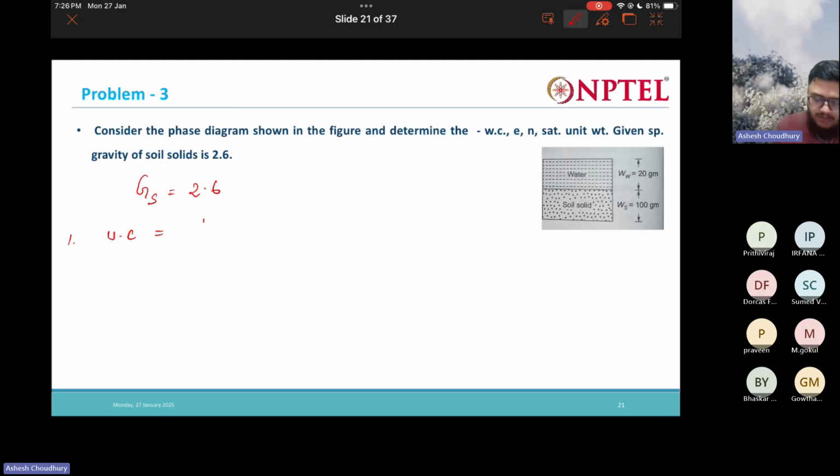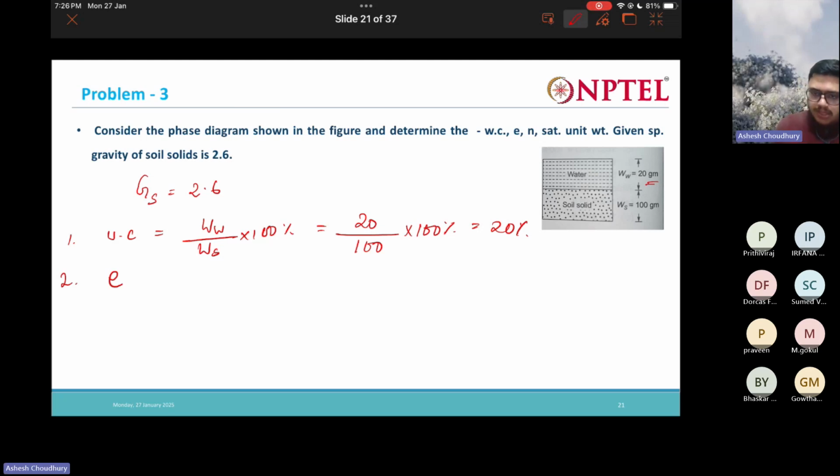What is water content? Weight of water by weight of solids into percent. Weight of water is given, 20 by 100 into 100%, 20%.